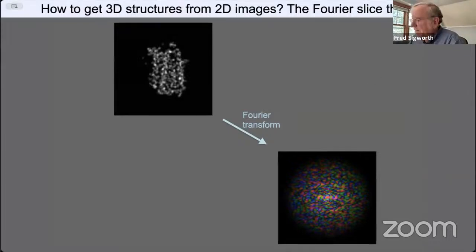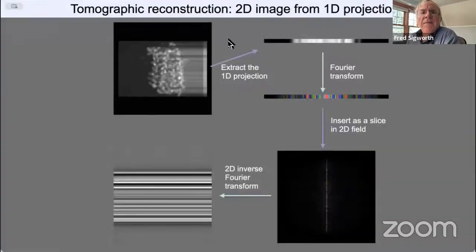I wanted to talk about reconstruction. And again, I'm just going to talk about reconstruction of a 2D object from 1D projections because it's readily generalized. So we start out with the idea that there's a Fourier transform of any image, and as I was saying last hour, we compute a 1D projection.